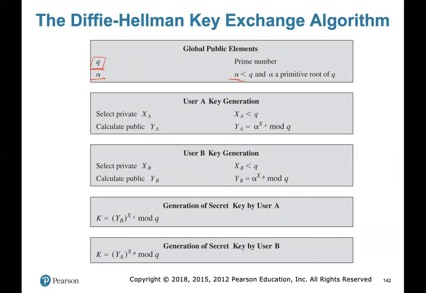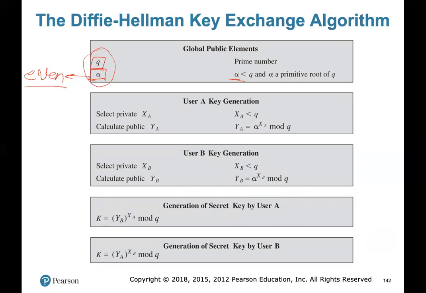Q is the prime number that we start with, and alpha is the primitive root of that q in modulo q. Of course, alpha might be an even number. So it doesn't mean that it is always odd or prime. Anyway, the algorithm works based on q and alpha this way.